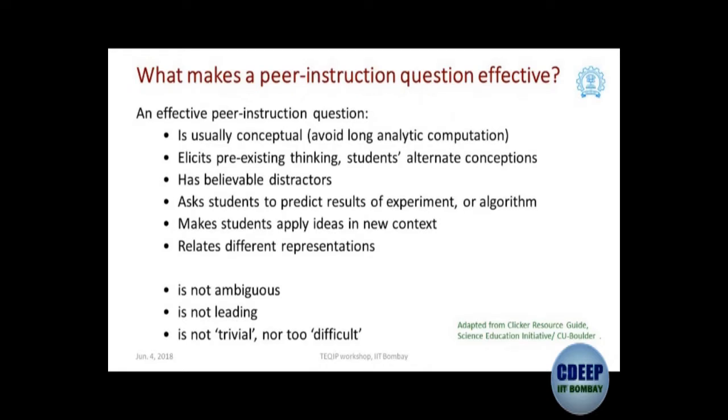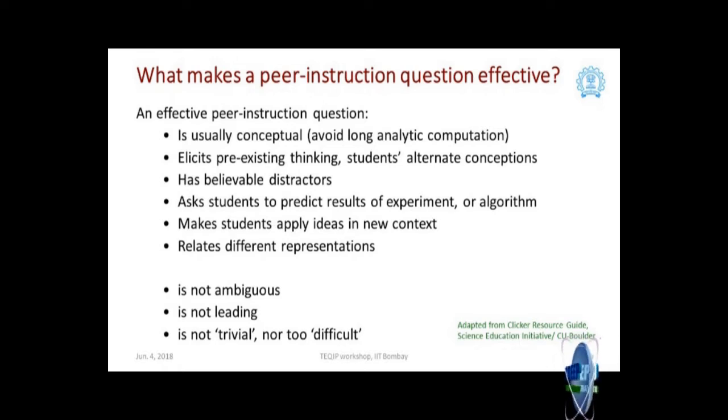Here are some top level recommendations for writing effective peer instruction questions. So an effective peer instruction question is usually conceptual. Avoid long problems. For that, there are other methods which we'll do tomorrow. It should elicit students' prior knowledge, their pre-existing thinking. Like in the probability example, we saw the coin toss example.